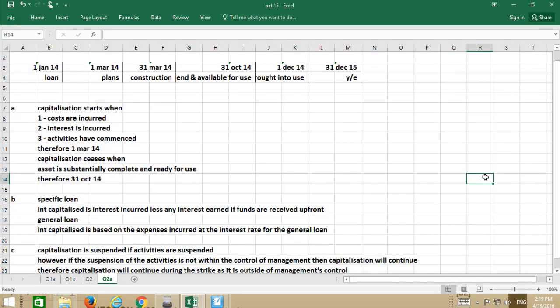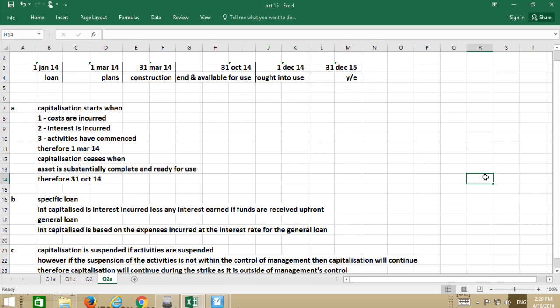Okay, let's have a look at the dates. There's millions of them, huh? But I think the key ones. 1 January 14, we gain approval for the loan. So from that date, we would have been able to borrow the money if we had expenses that needed to be covered. That was the date of the loan. Then the first date they give you to do with the project is the 1st of March. The 1st of March, there are plans that are complete. Construction activities actually only commence the 31st of March.